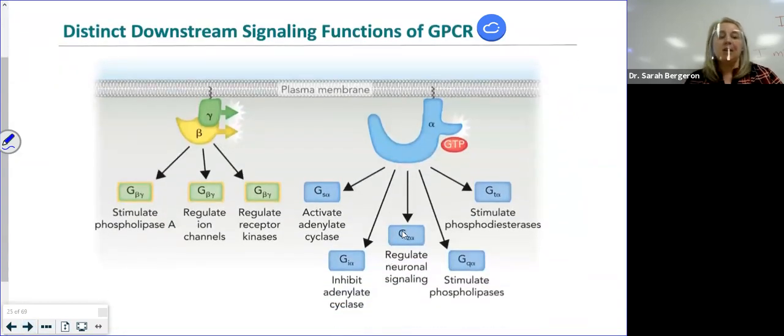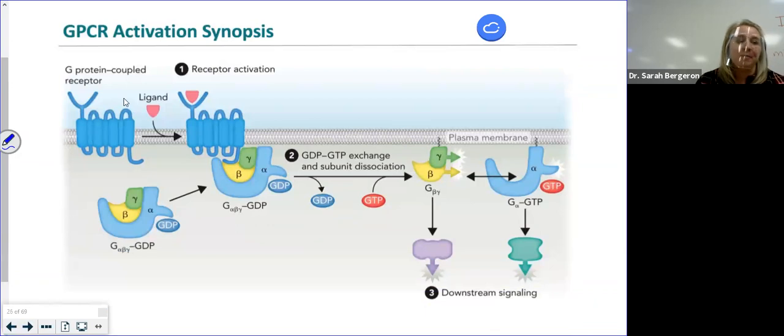Okay. So when you have an enzyme, I'm going to skip and I'm going to come back to this. Okay. This is a receptor. This is a G protein coupled receptor. This G protein coupled receptor associates with a set of G proteins. That's why they call it a G protein coupled receptor, because it's coupled to the G proteins. So if you look, there are different subunits to the G protein. We have an alpha subunit, we have a gamma subunit, we have a beta subunit.